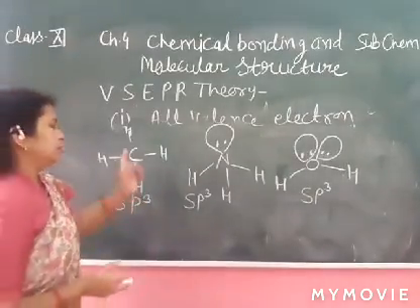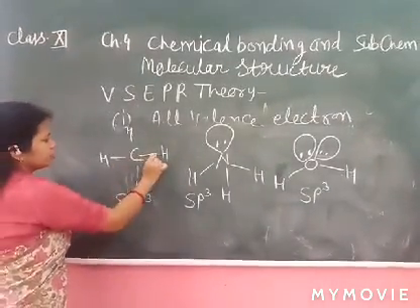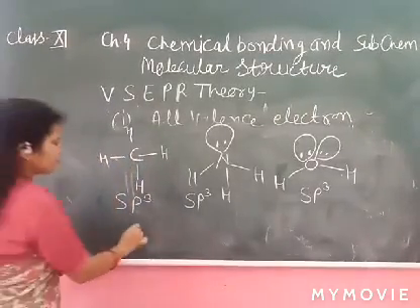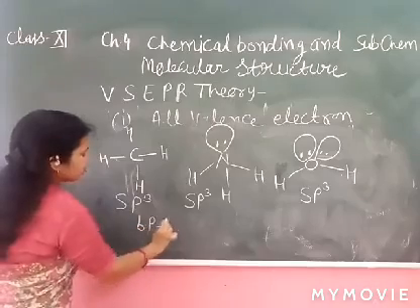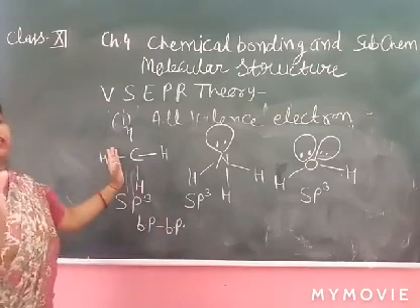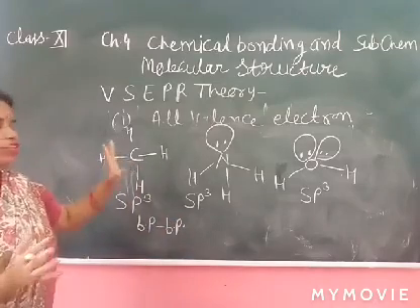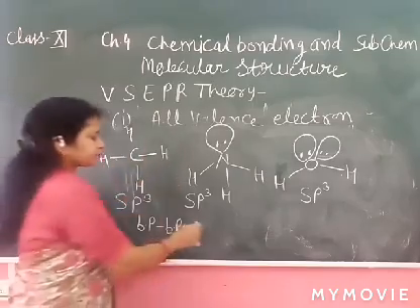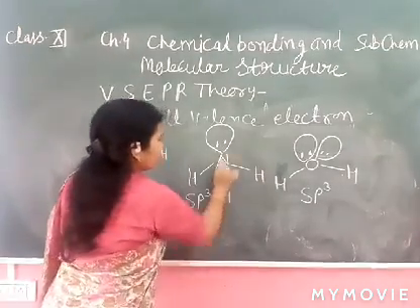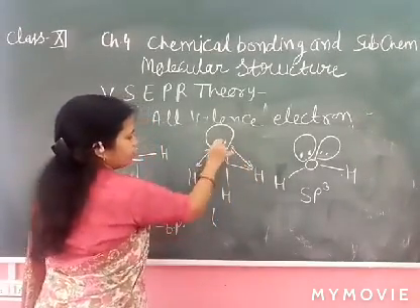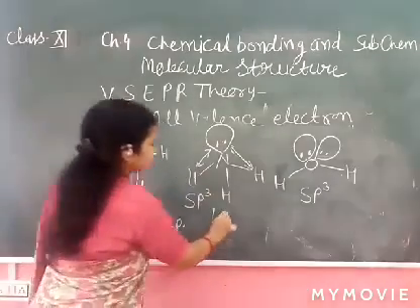Why? Listen. In methane there are only bond pairs, no lone pair, so the repulsion is bond pair-bond pair. I already told you the bond pair is localized, so the repulsion is negligible. Next, where there is one lone pair, there is repulsion between lone pair and bond pair.